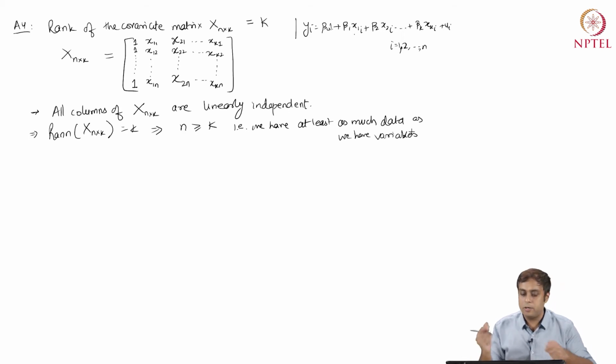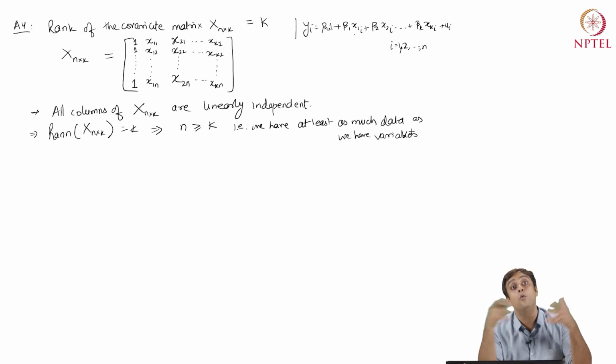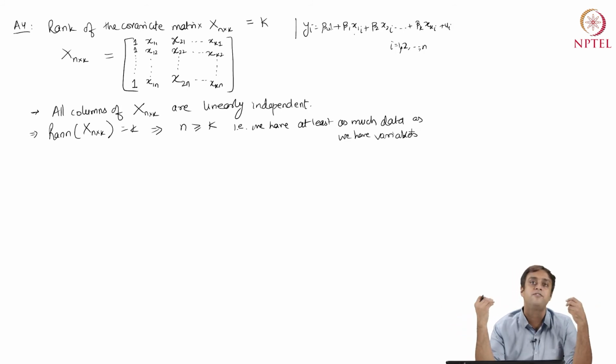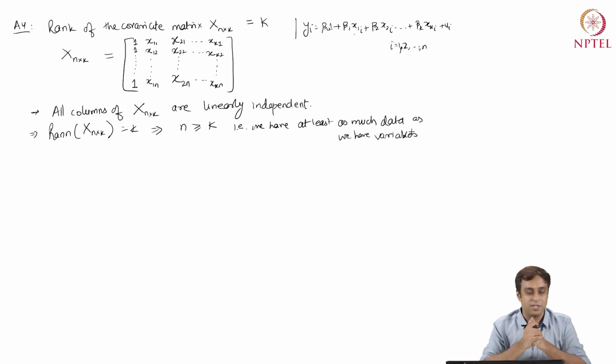Remember, to each k is attached a coefficient beta. So that's what we are saying, that to each variable there is at least one data point that corresponds to it, and more than that. That makes sense, right? We can't have 10 data points and 10 covariates. That's going to be a very difficult situation.